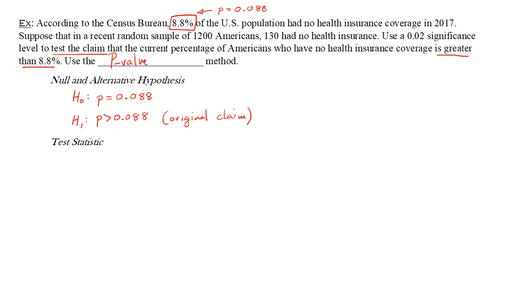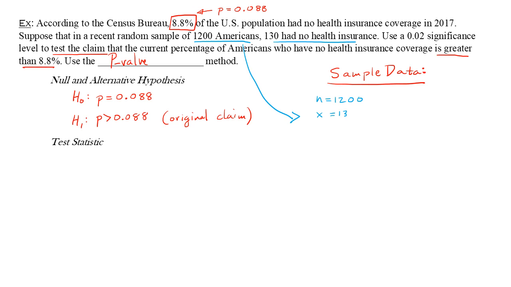And before I compute my test statistic, let's gather some sample data. Because in the problem, they also give us some numbers here, right? 1,200 Americans, 130 had no health insurance, right? That's coming from a sample that we conducted. So to get our sample data, we know that there was a sample size of 1,200.